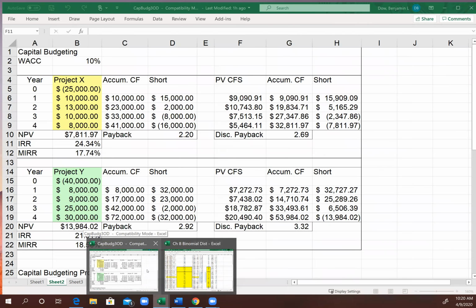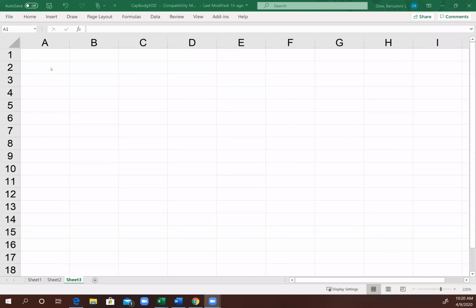Or what we'll see is that if you have Excel, which we do, I'm going to show it to you in just a second. Then look how easy it will be to calculate in Excel.